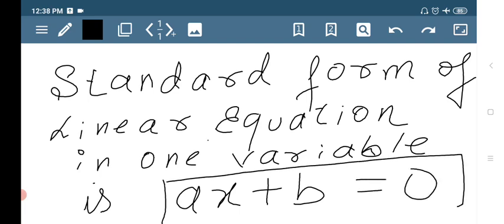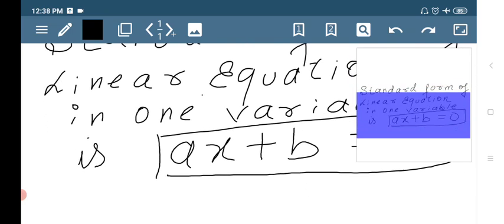Here ax plus b is equals to 0 is a standard form of a linear equation in one variable.